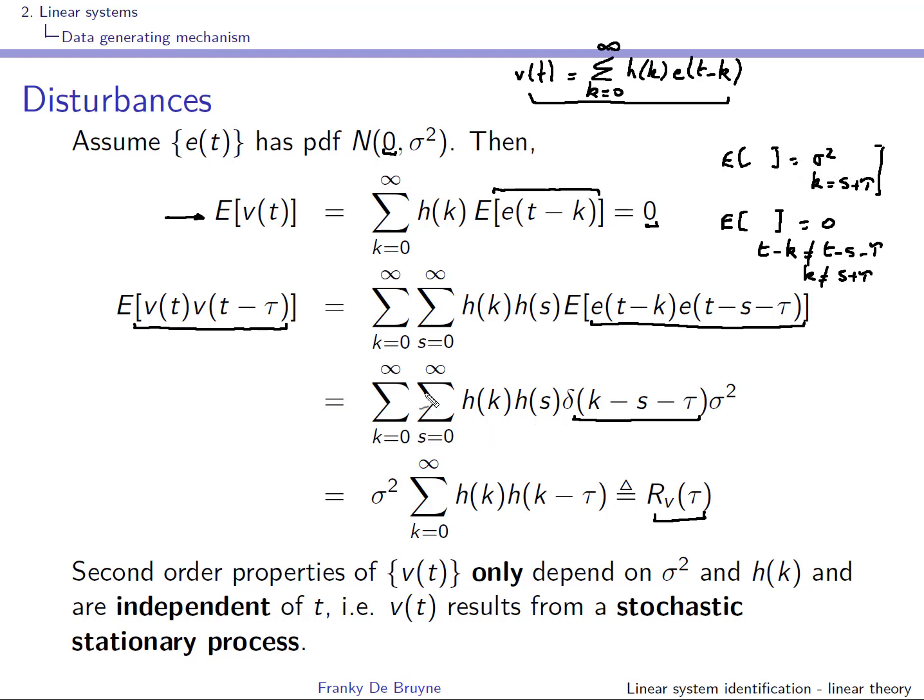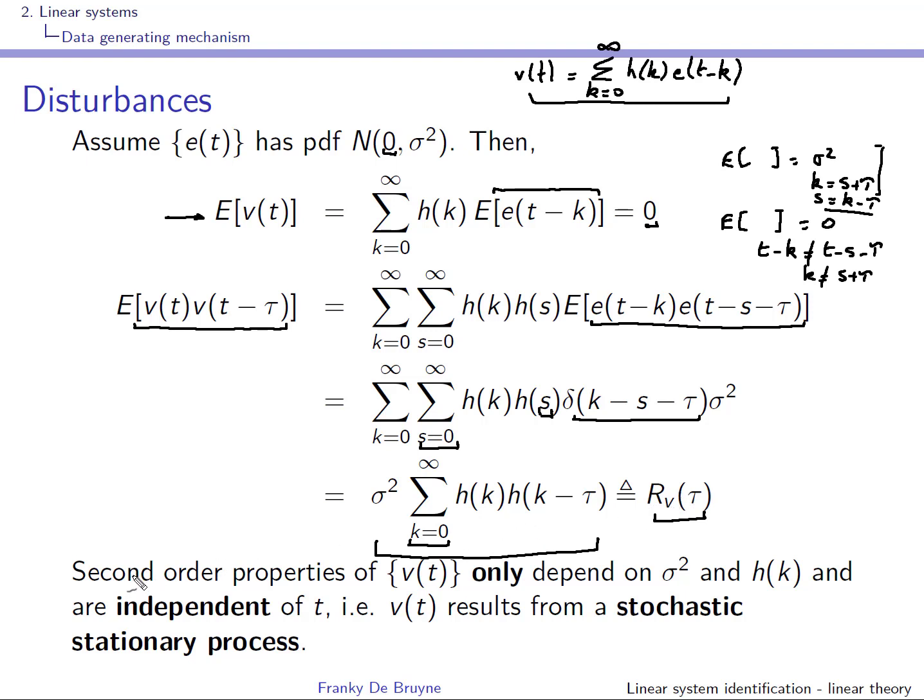So what we can do is get rid of this sum over here, because there is a clear link between k and s. So s is equal to k minus tau. We keep the first sum and we replace s by k minus tau. And this is how we end up with this expression of the autocorrelation function.